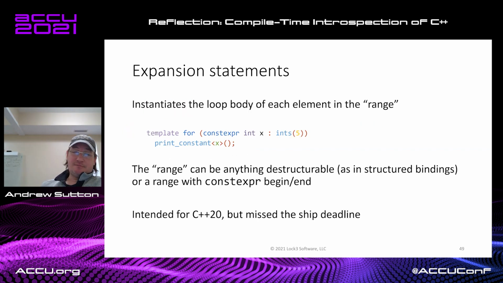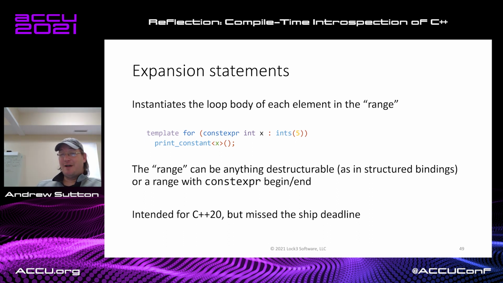So expansion statements, more specifically, the idea is that we're going to instantiate the loop body for every element in the range. So it kind of looks like a range-based for loop, except that the range is a little different. It can be anything that you can initialize a structured binding with. So it can be a tuple, it can be an array, it can be a class, whatever the class rules are for structured bindings. And it can also be a range, as in the concept range, with constexpr begin and end.